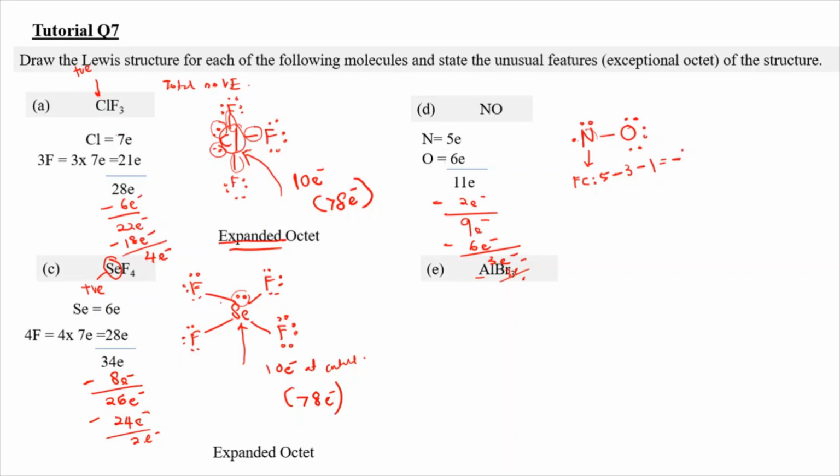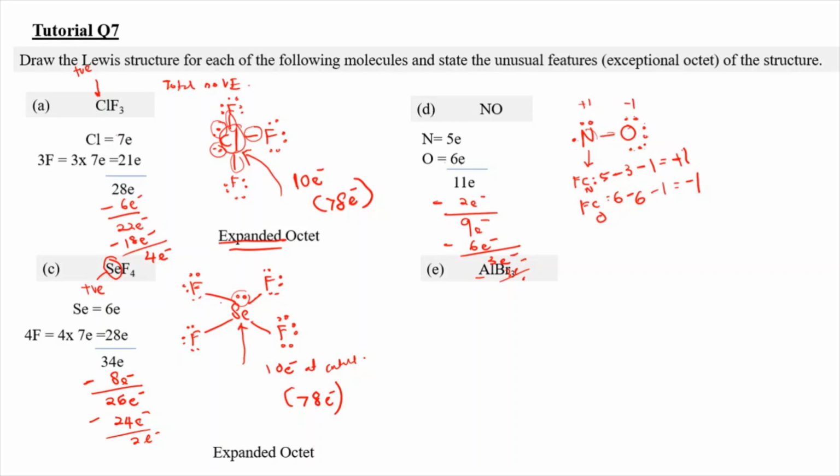So it's going to be plus 1. Okay, and the formal charge of oxygen: the valence electron is 6, right? Minus lone pair electrons, so you count them one by one, 1, 2, 3, 4, 5, 6, minus 1 bonding pair. So you're going to have minus 1. So positive 1 and negative 1, which is not plausible.